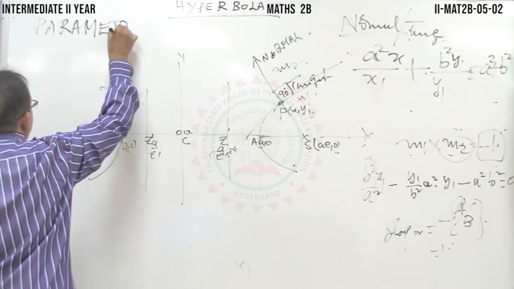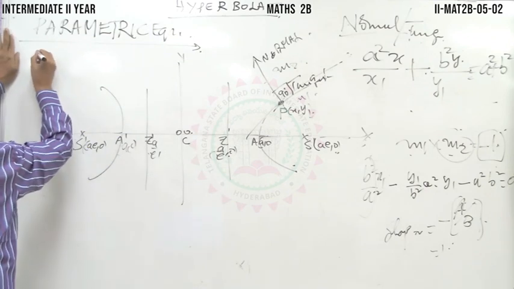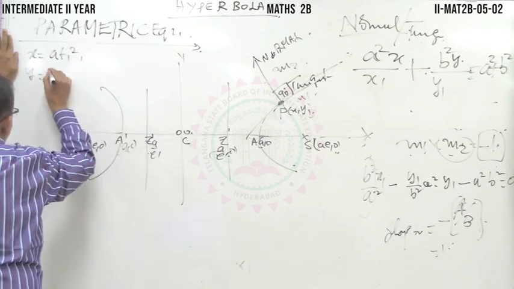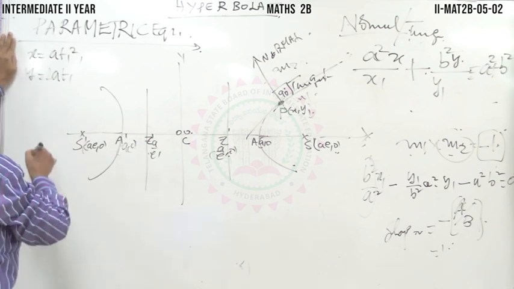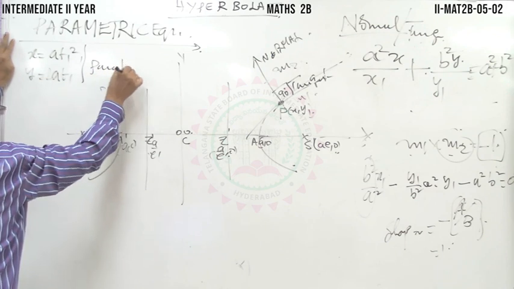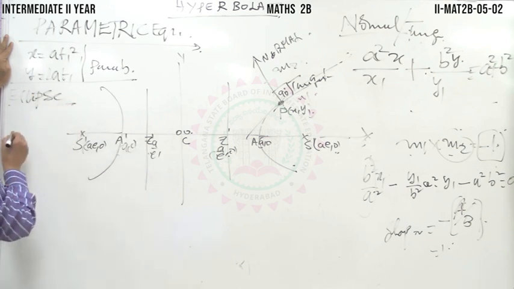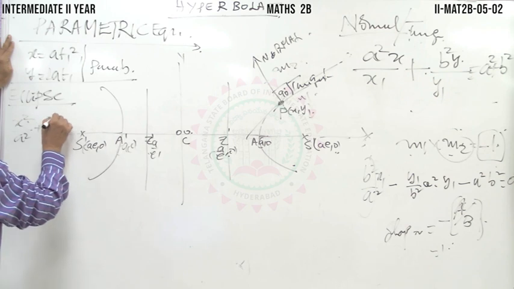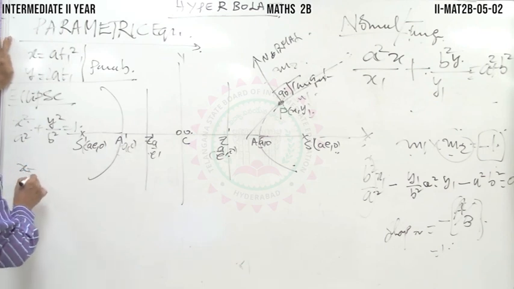For example, in the case of a parabola, x is equal to at square, y is equal to 2at, like this we have come across parametric equations. And in the case of the ellipse, x square by a square plus y square by b square is equal to 1, we have come across x is equal to a cos theta, y is equal to b sin theta.